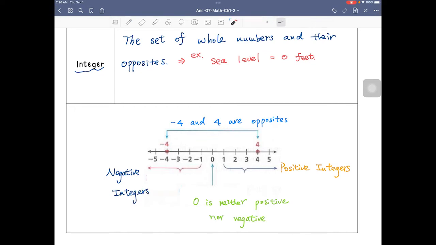These numbers are discrete, not continuous. So it's 0, 1, 2, 3, 4, -1, -2, -3, -4, -5.